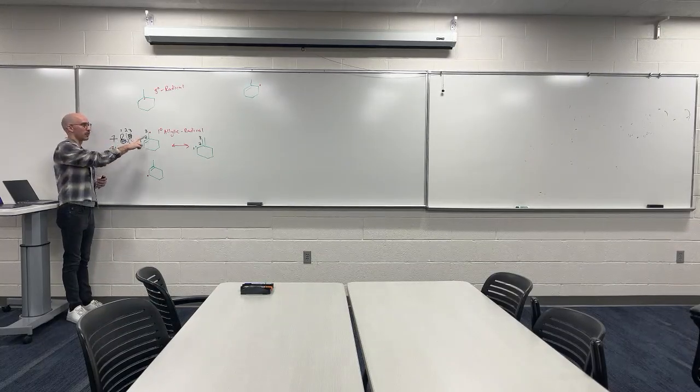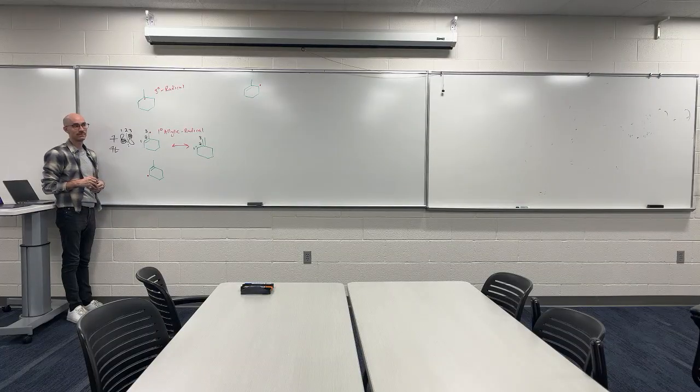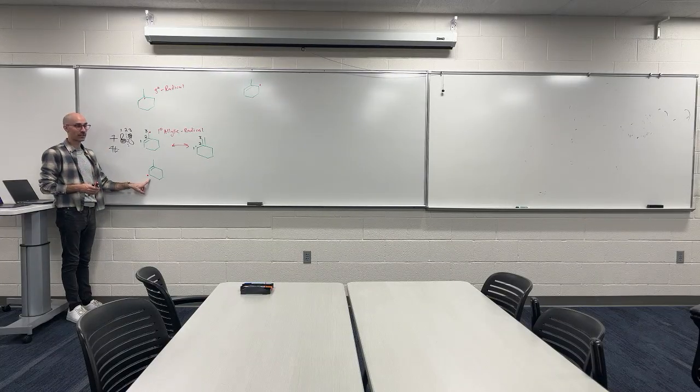What is more stable, a primary allylic radical or a secondary allylic radical? Why? Because radicals trend with carbocation stability. More substituted radical, less substituted radical, more stable.